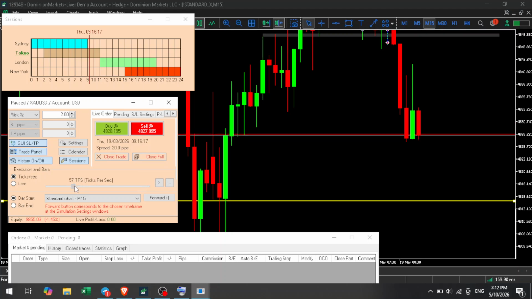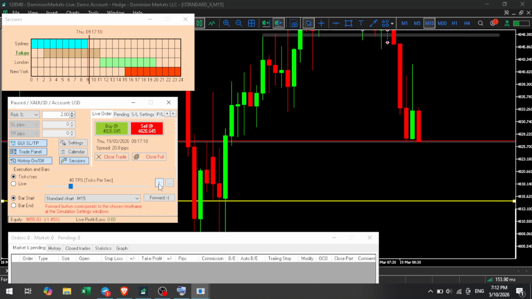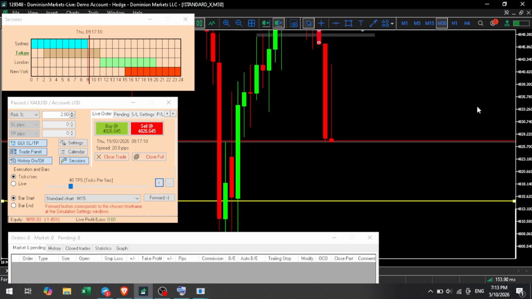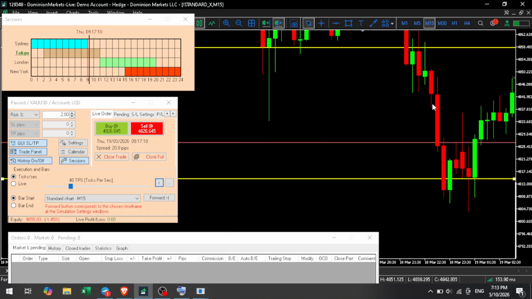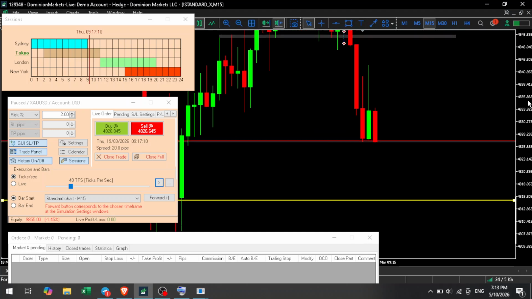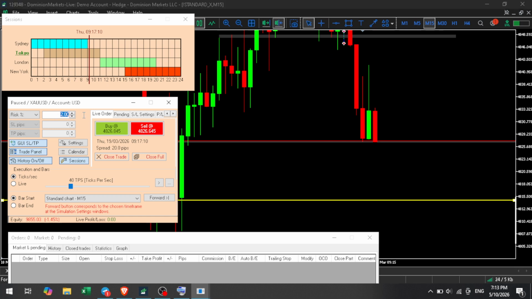Okay, let's slow down a bit. Let's see if we get an entry here or not. Okay, we have an entry. We do have an entry here. Let's go 1% because we don't have any opportunity to manage risk.